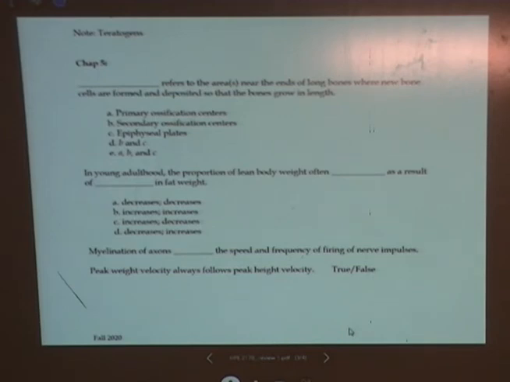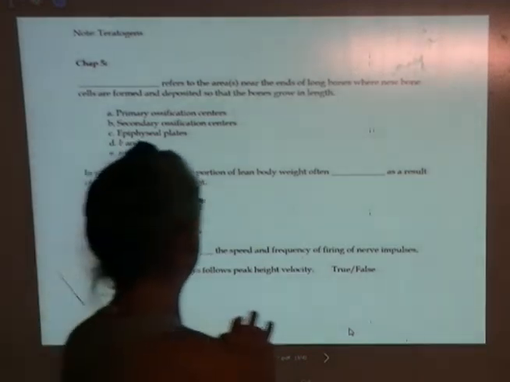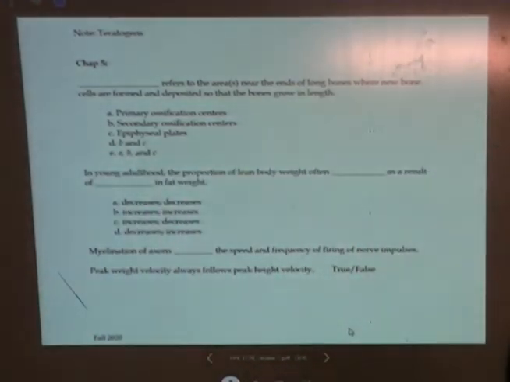In young adulthood, the proportion of lean body weight often blank as a result of blank in fat weight. The proportion of lean body weight. I'm going to say D. Yes. Good.